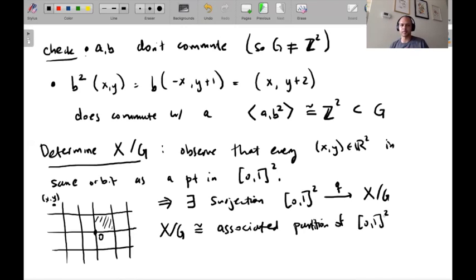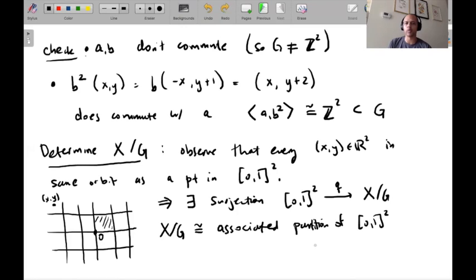This is something we showed last week. We had a theorem: if you have a quotient map, then the codomain here is topologically equivalent to the partition for this map.